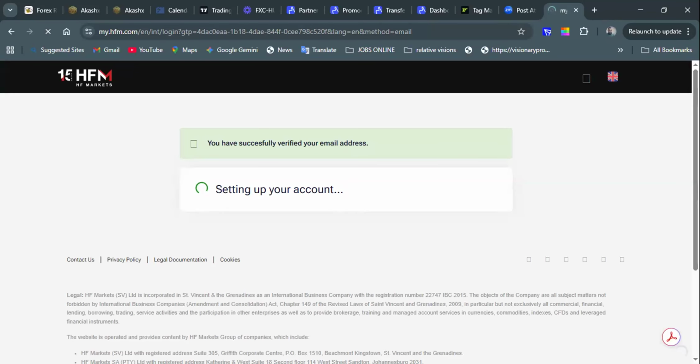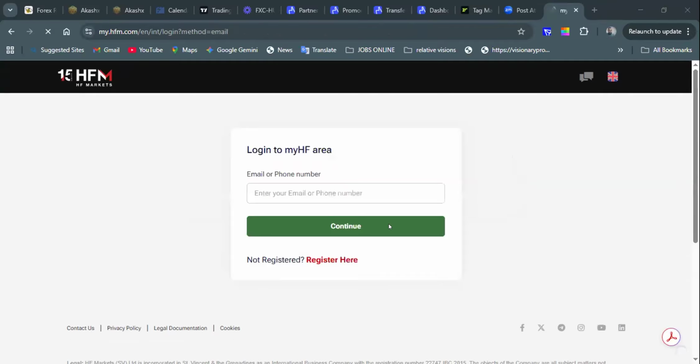All right, so while this is loading, I don't know why it's taking time. I can just check other brokers that we recommend, then proceed from there. Yeah, it's rolling right here.